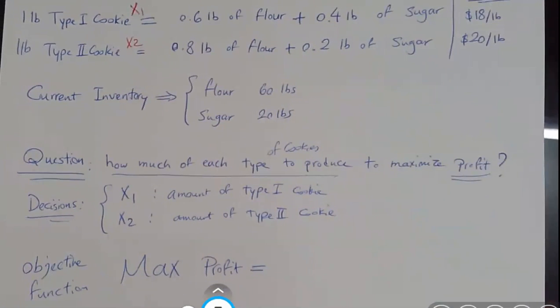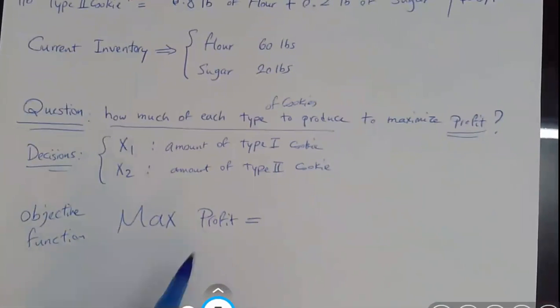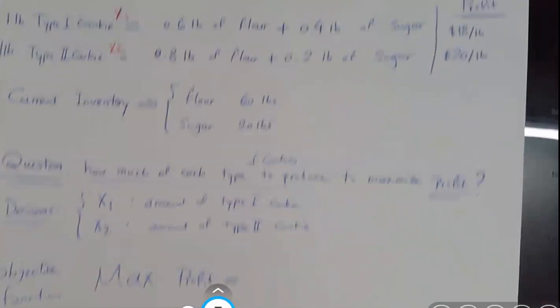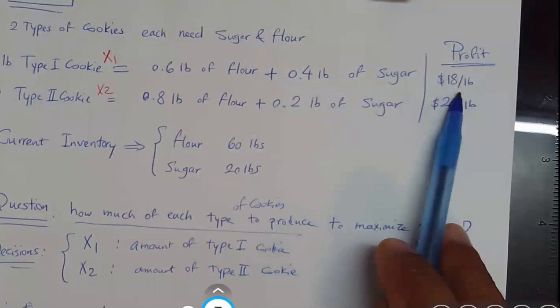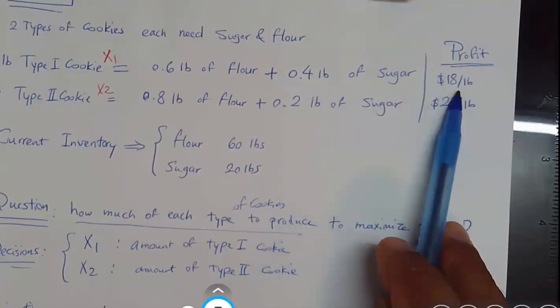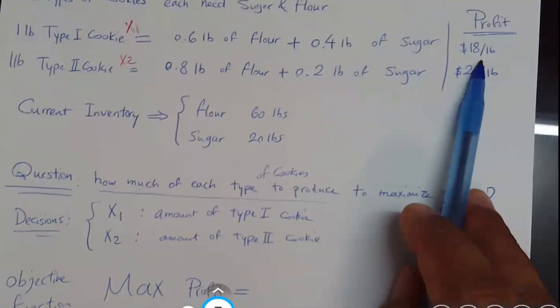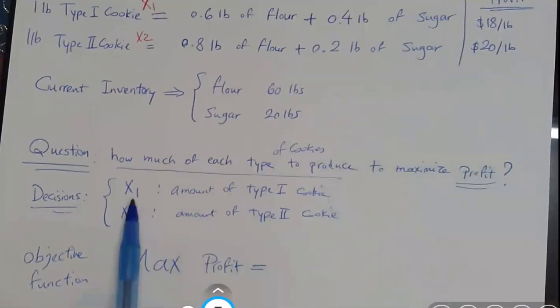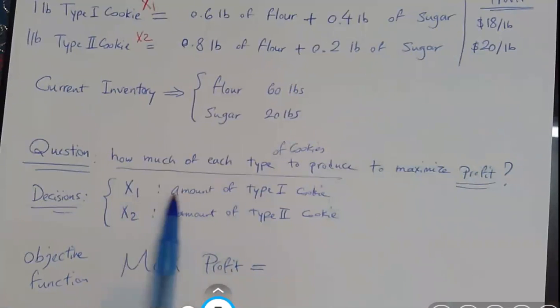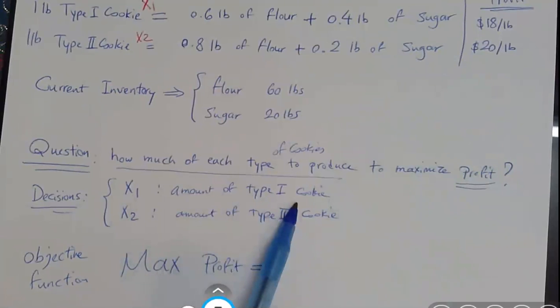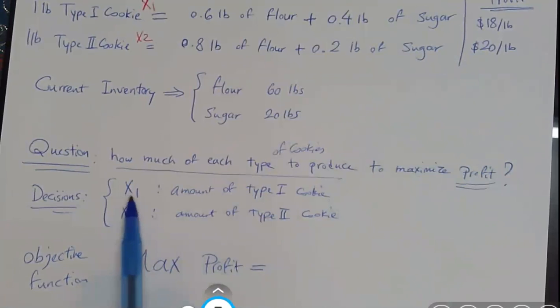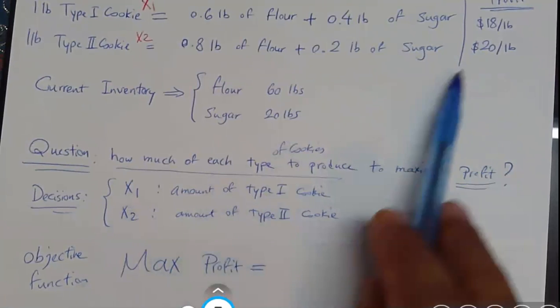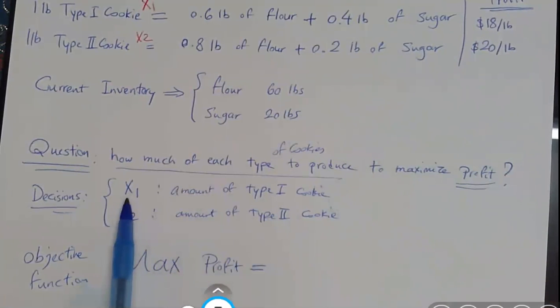So now my profit function. For each pound of type 1 cookie, I'm making $18. But now if I decide to make X1 pounds of type 1 cookie, my total profit for producing X1 units of cookie type 1 would be 18 times X1.